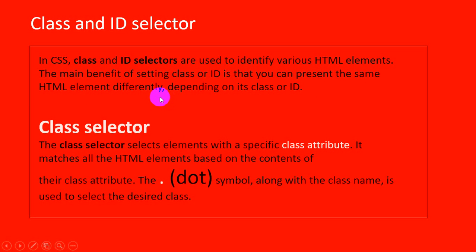Yes, you can use an h1 element more than one time. But if you use the h1 element as a selector, means if you use the HTML element h1 as a selector, you will apply the same CSS on all the h1 tags which you use. So if you want to use it on only one h1 element, but you have more than one h1, in that case you have to use ID.